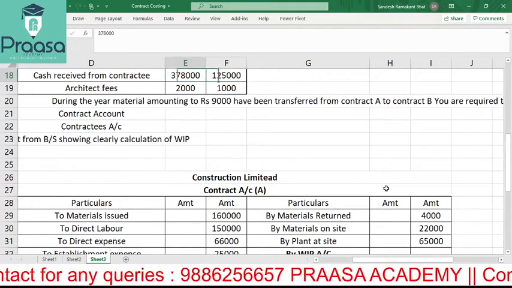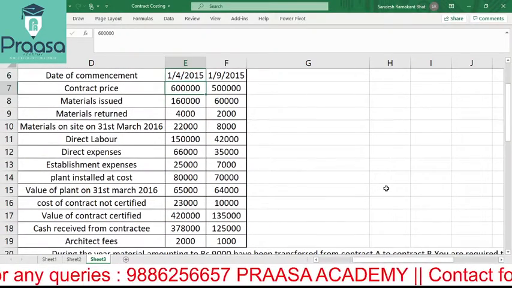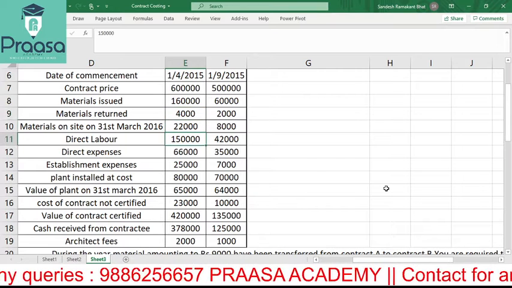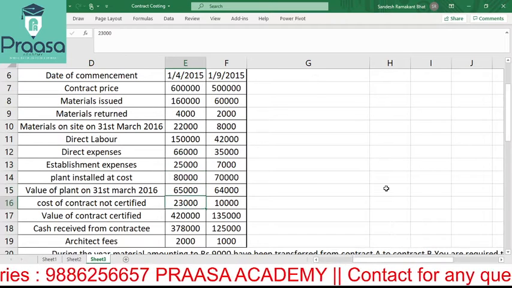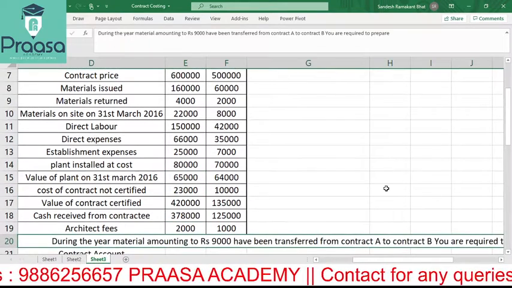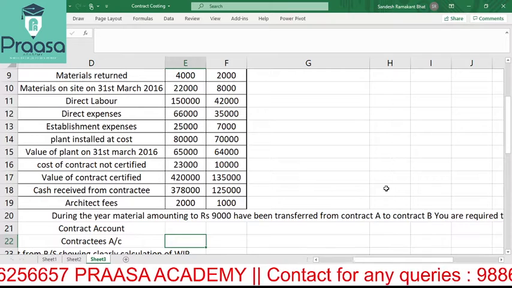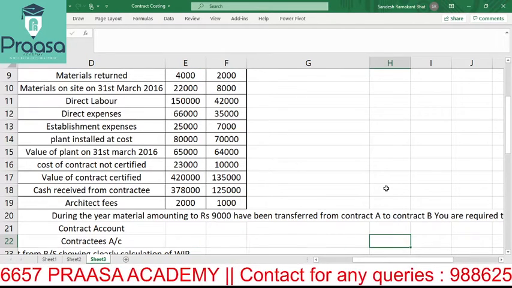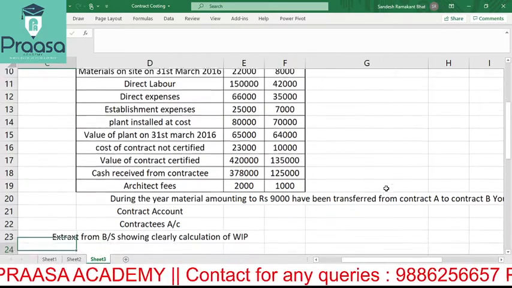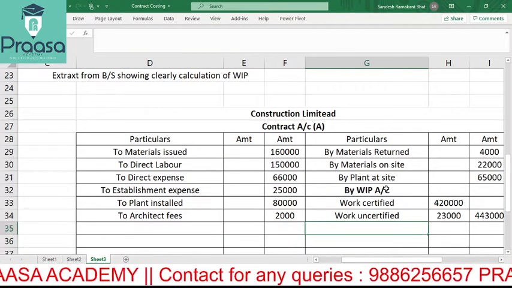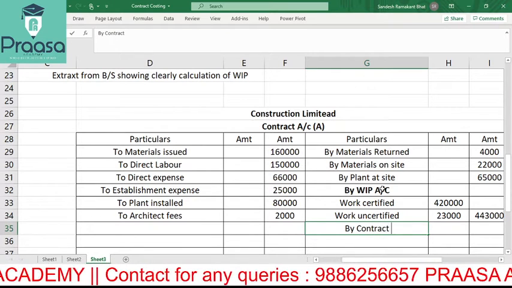Next, what else do we have? Material issued, material returned, material on site, direct labor, direct expense, establishment expense, plant installed, value of plant, cost of contract not certified, architect fee, everything we have considered. There is a small piece of information given: during the year, material amounting to rupees 9,000 has been transferred from contract A to contract B. So from contract A to contract B, I will consider it by contract B account.